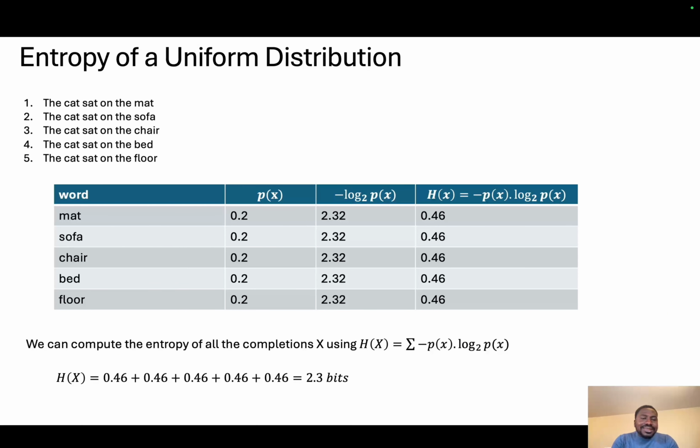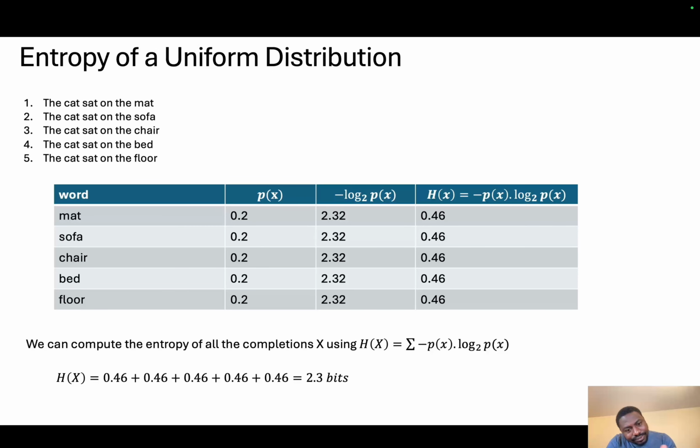So let's look at an example of entropy in action. We have that text, and then you have a completion. It can be math or anything. So you've got the word, the probability, and the negative of the log of the probability, and then you have entropy. You can compute the entropy of each single item, each single word.